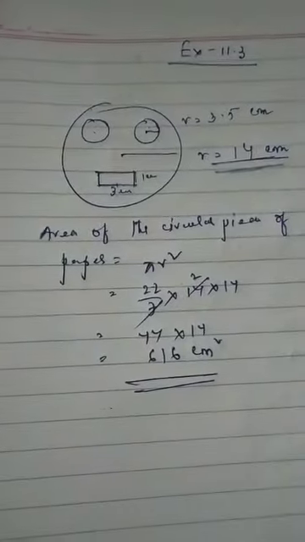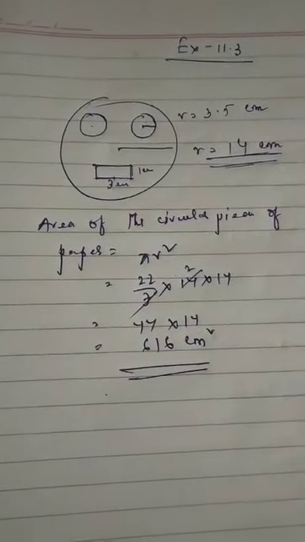I got 22, 2 into 22 is 44, into 14. So 44 into 14 results in 616 centimeter square. This is the area of this entire circle, the total circular piece of paper.